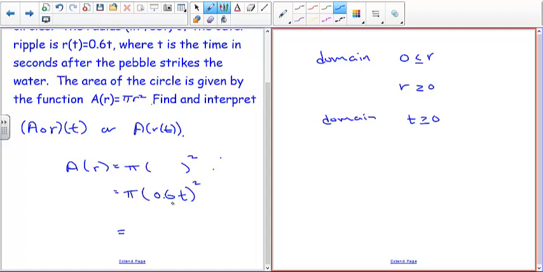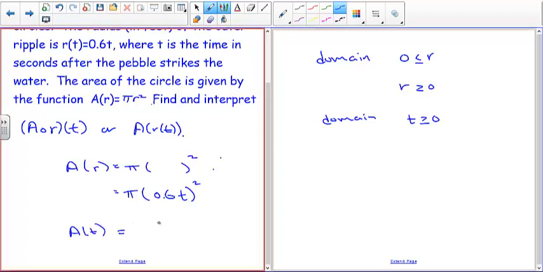Now, looking at the composite function, if t is greater than 0, then this argument is also going to be greater than 0. So the domain for the composite function, which would be A of t, is, if we simplify this, 0.36, that's 0.6 squared, pi t squared.